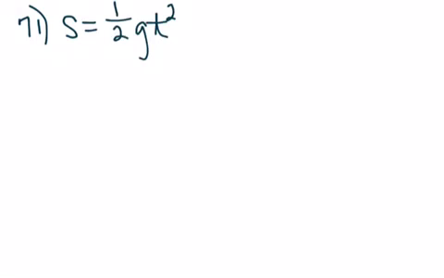The other item that we need to discuss is number 71, because you didn't enjoy solving the formulas, so we need to do a little practice on that as well. Okay, it says to solve this formula for t, which means I need to get the t by itself.